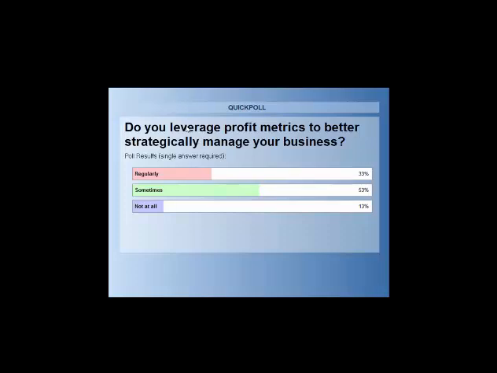Incorporating an understanding of profit metrics into your overall category and tactical analysis and strategies really can go a long way to building plans that have impact.